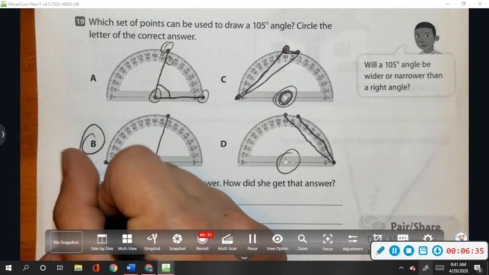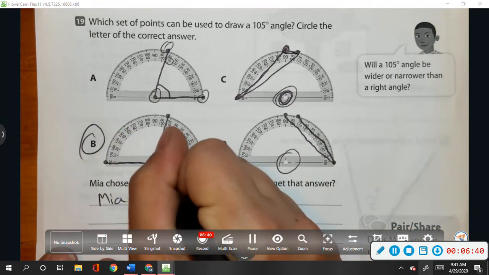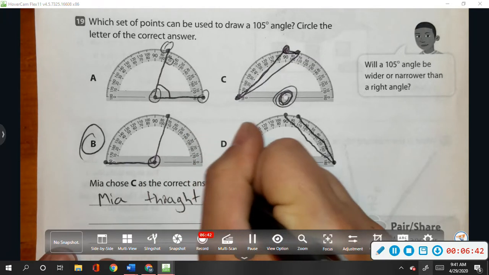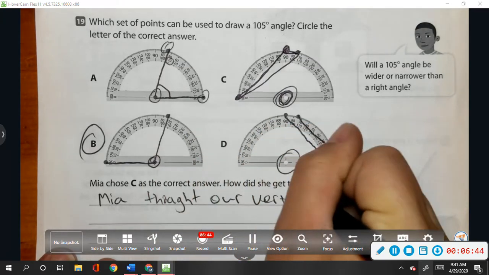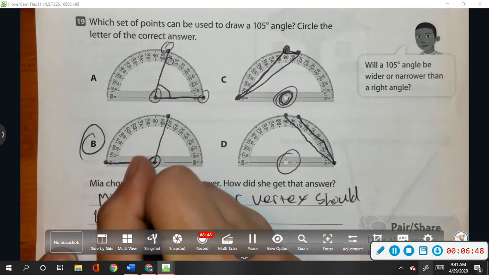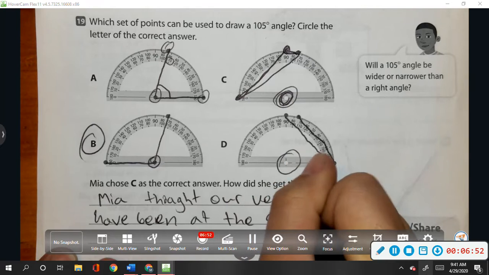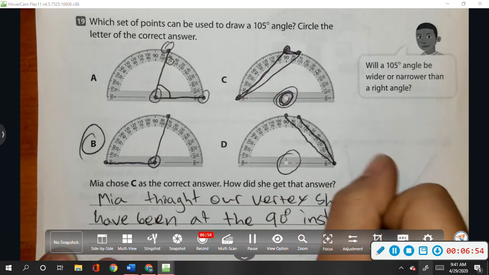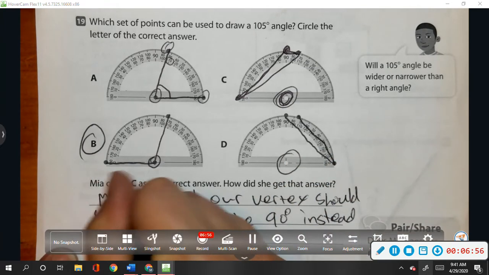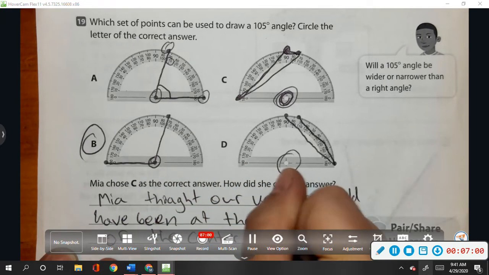And so Maya thought our vertex should have been at the 90 degrees instead of the center of the protractor.